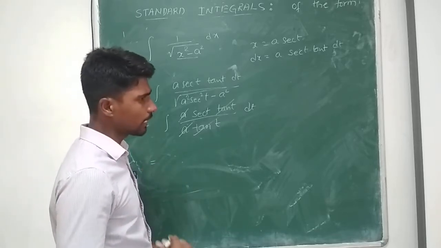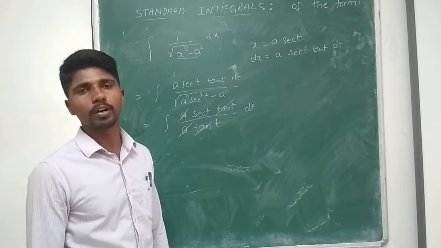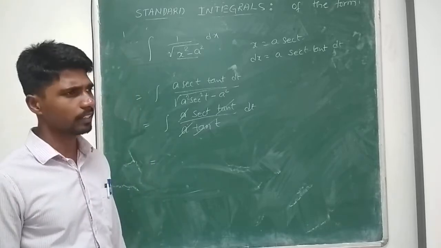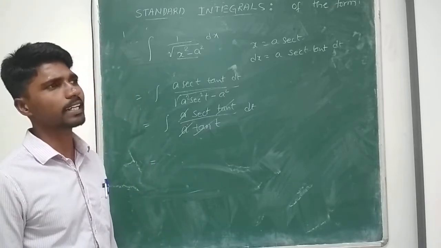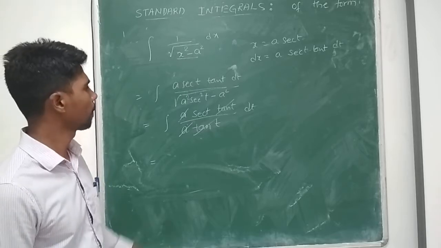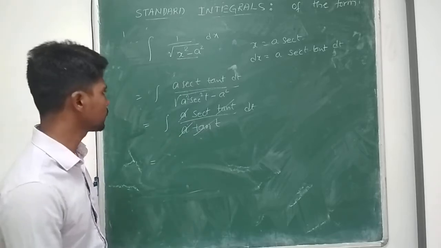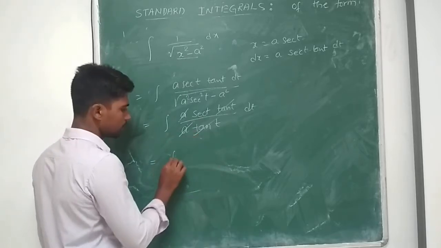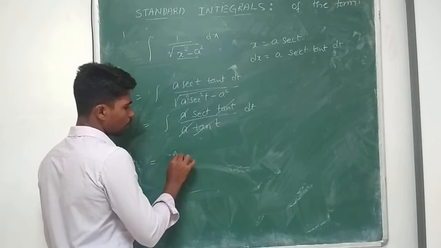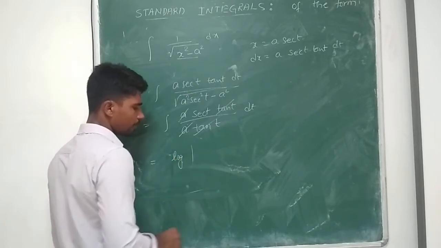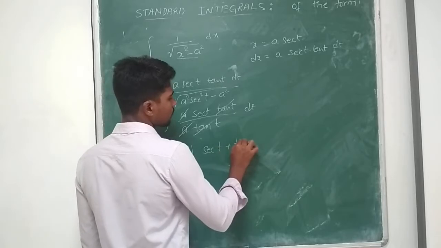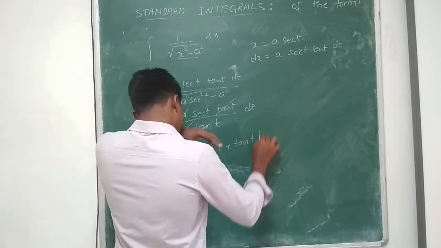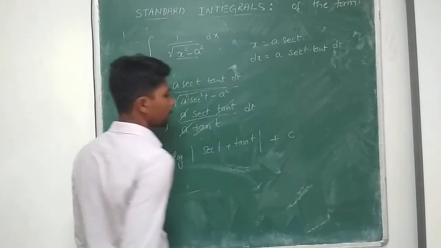What is the answer? Integral secant x dx is log mod secant x plus tan x. So we get the answer log modulus of secant t plus tan t plus a constant c.